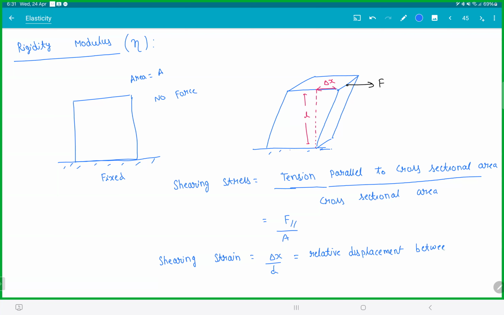There is a distance between the two layers. So you can take this angle as theta, and you can also write tan theta as delta x by L.